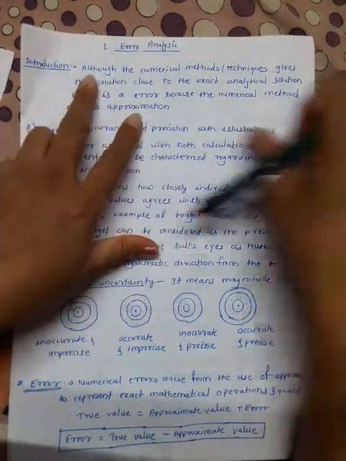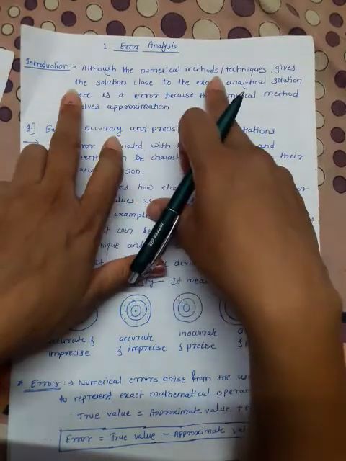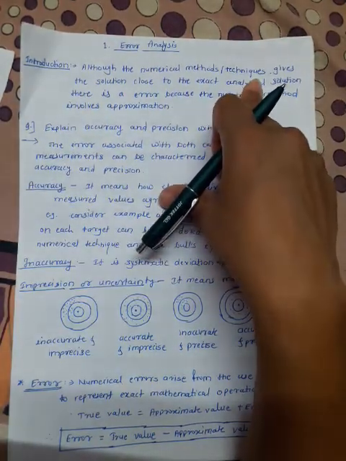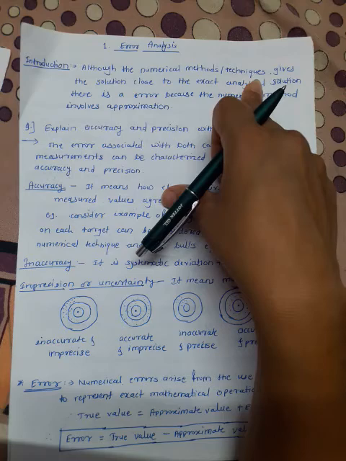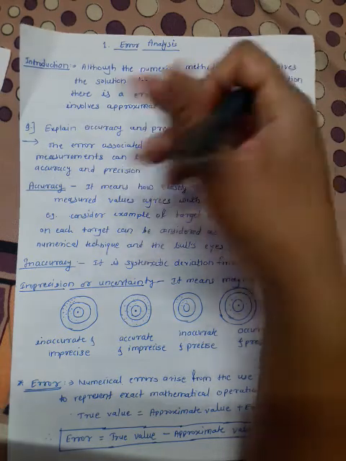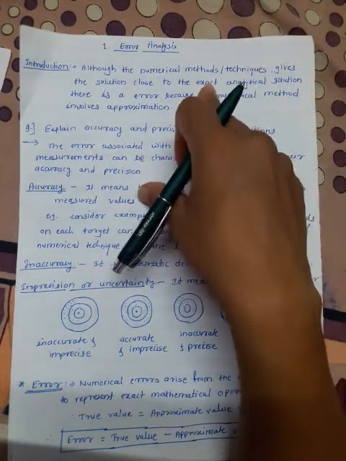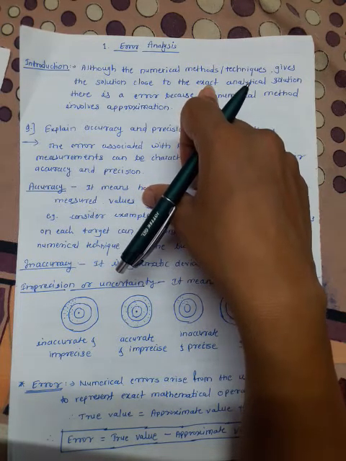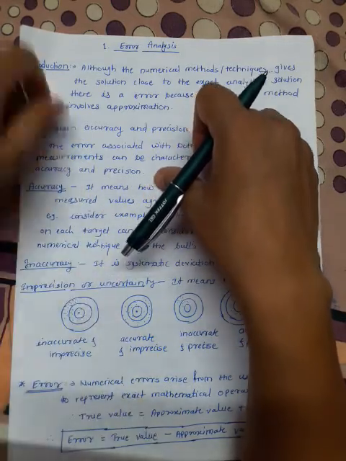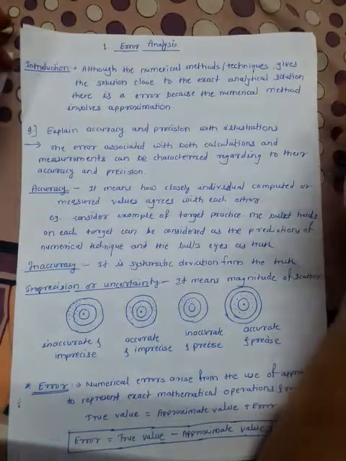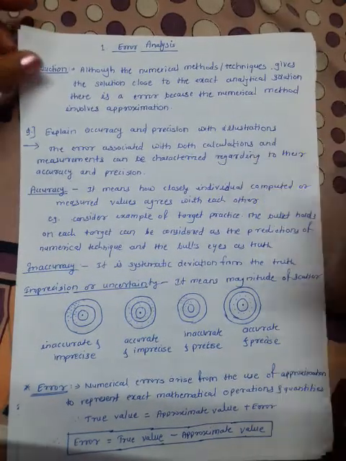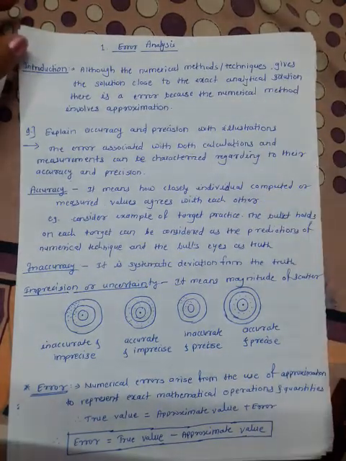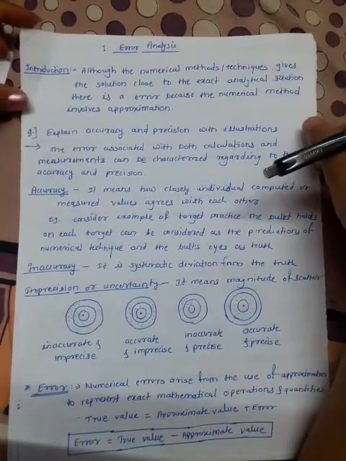Introduction. Although the numerical methods, techniques, we have already seen so many numerical methods: Euler's method, modified Euler's method, Runge-Kutta method, Milne's method. In these particular methods, we face some errors. And what kind of errors are we going to face?